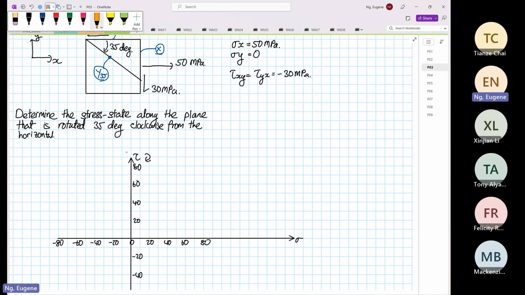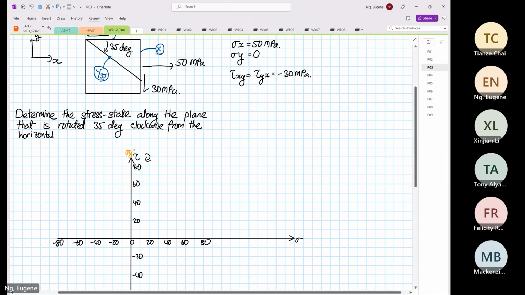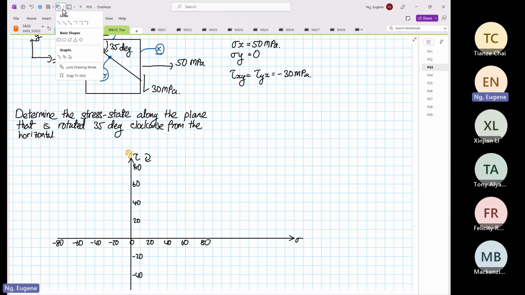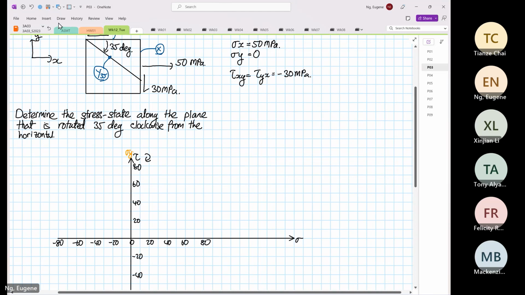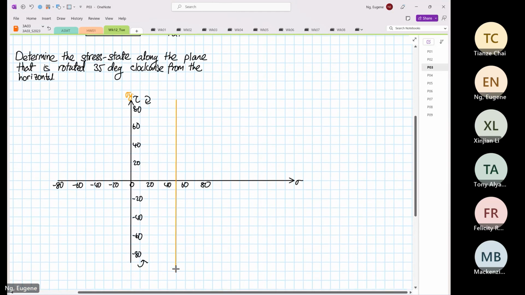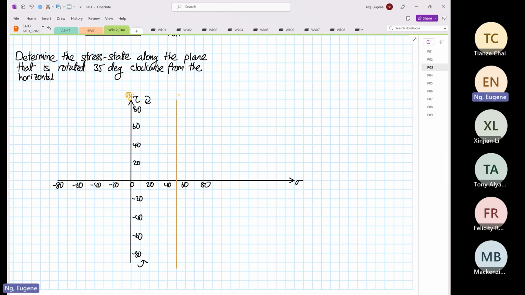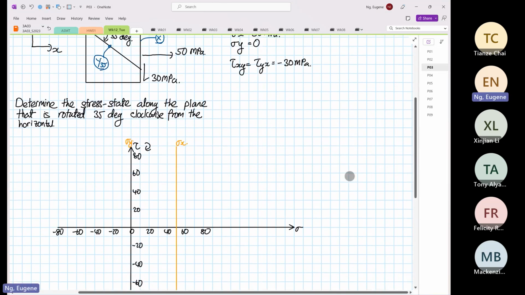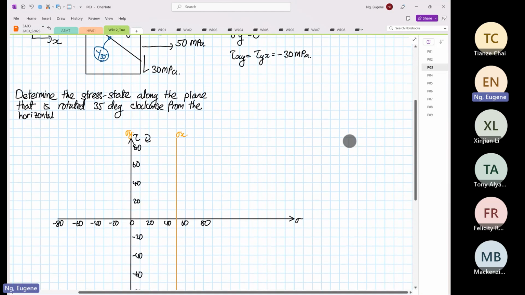So this is our stress Y line, and our stress X line is positive 50. Okay, so we are going to have positive 50. So this is our stress X. And then we have a shear of 30.